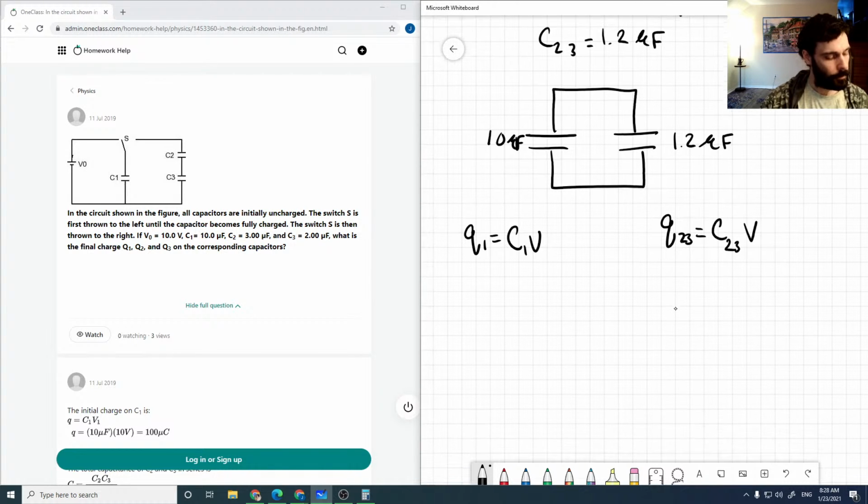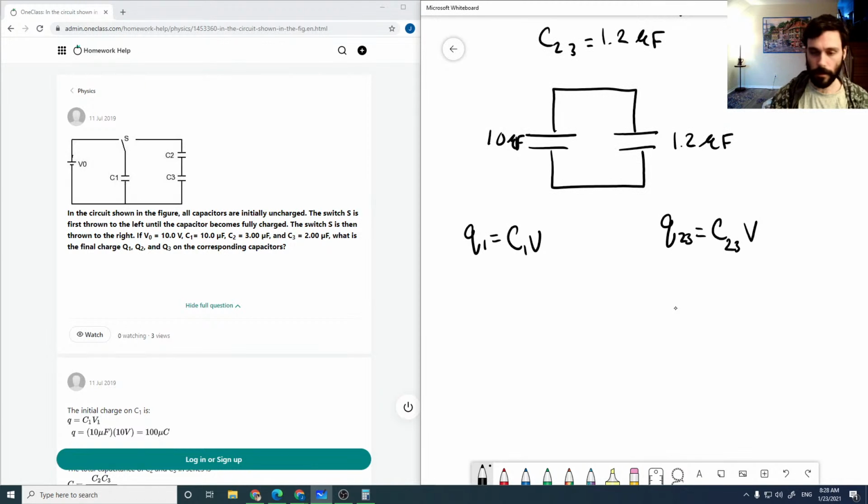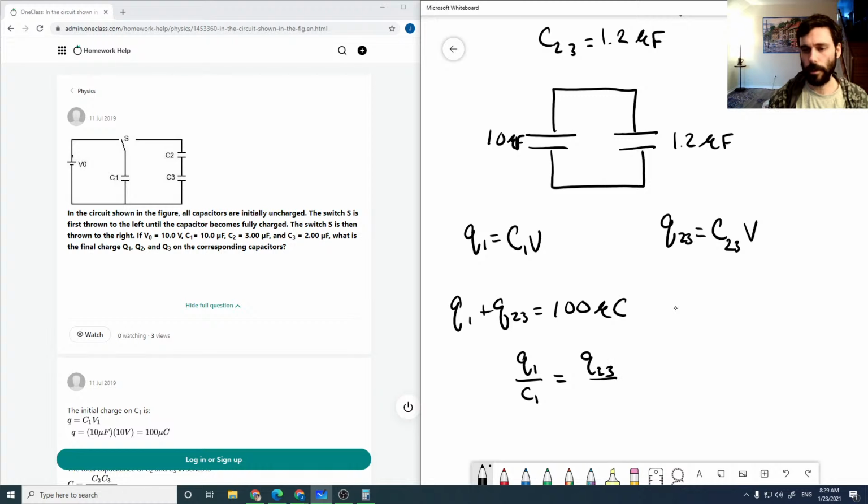But what we do know is that the sum of our charge should be 100 microcoulombs. So that means we know that the voltages should be equal. So we know that Q1 over C1 is equal to Q23 over C23. So they will reach equilibrium where the voltages are equal.